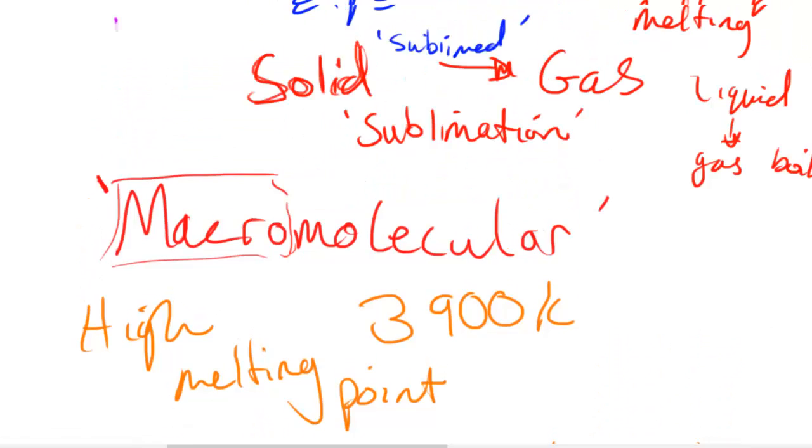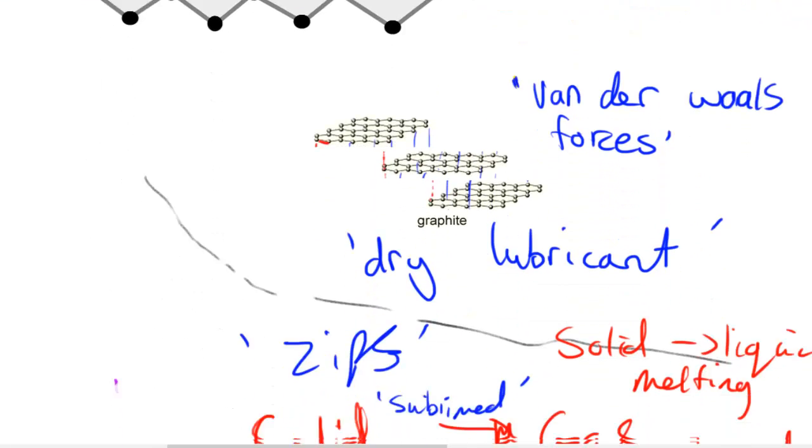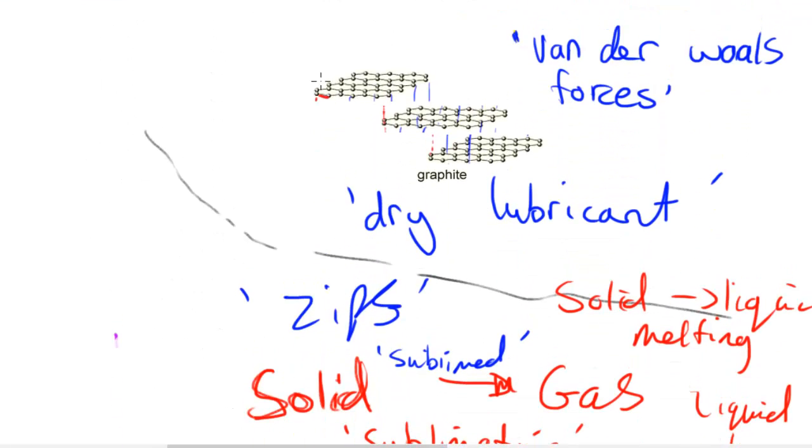So it has a good electrical conductivity because these delocalized electrons are free to move, and so they allow the current to flow through these layers. And what usually happens is that the current flows along the layers, but it doesn't really flow between them. It flows along them, but not between them.